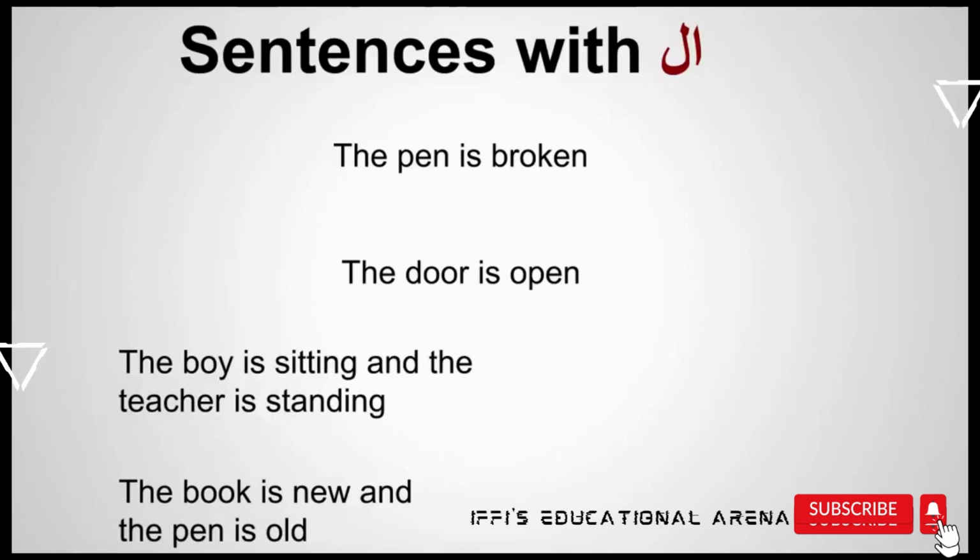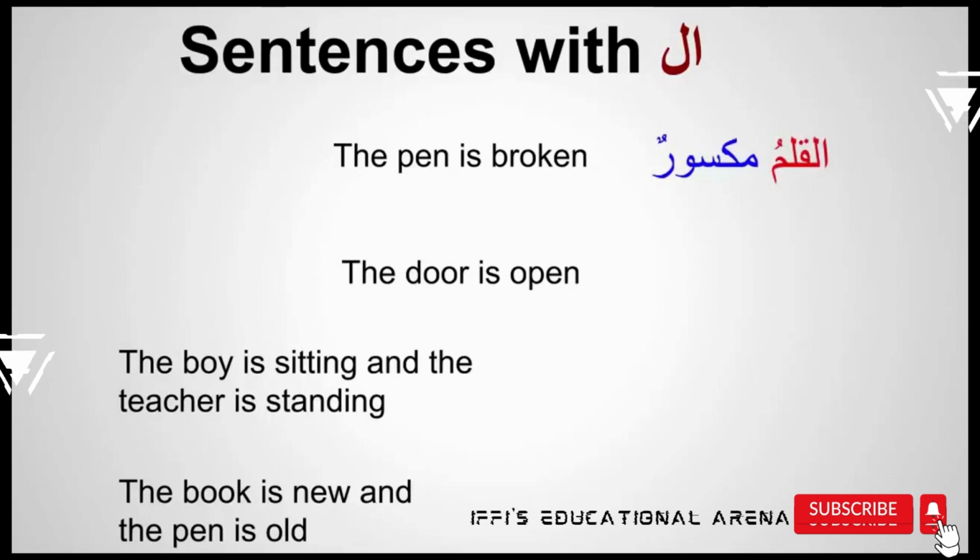So the mubtada in Arabic, when we start with the proper noun, that proper noun will be definite. That is what we are going to learn in this lesson, that the noun which comes as a mubtada at the beginning of a sentence will always be definite.